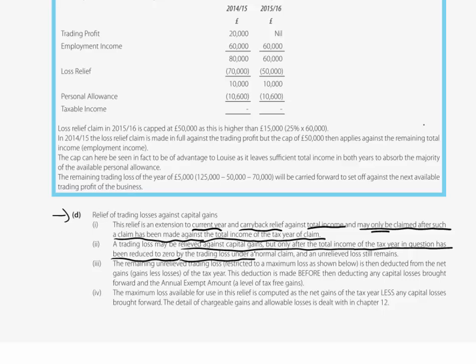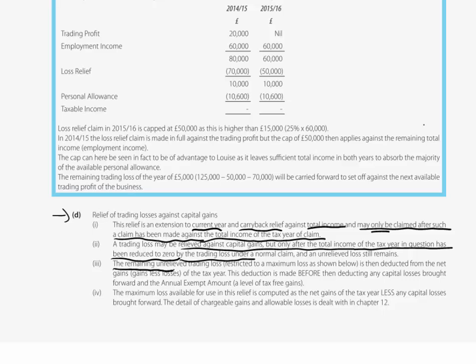If you've made the maximum possible claim against total income, it usually would indeed bring that total income down to zero. Then only at that point can you go on and treat the remaining loss as a capital loss of the year.